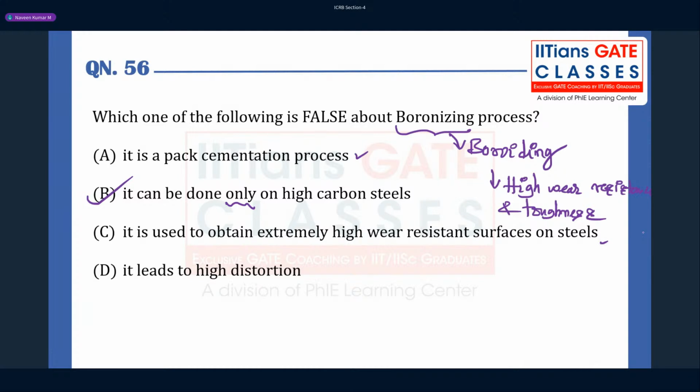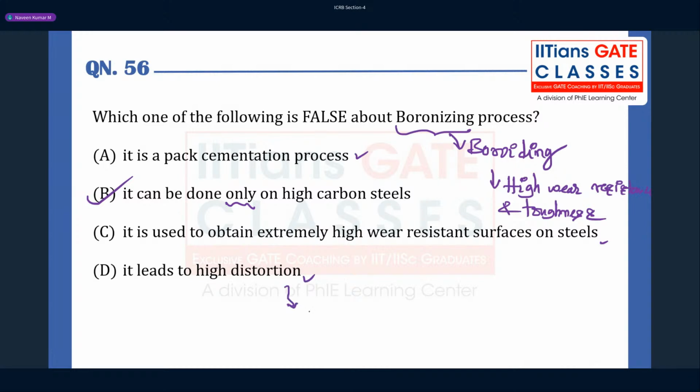It leads to high distortion. Yes, it is the negative. Now, what happens if you're not doing the boronizing process in a controlled way? Then it can happen. Yes, this is right.